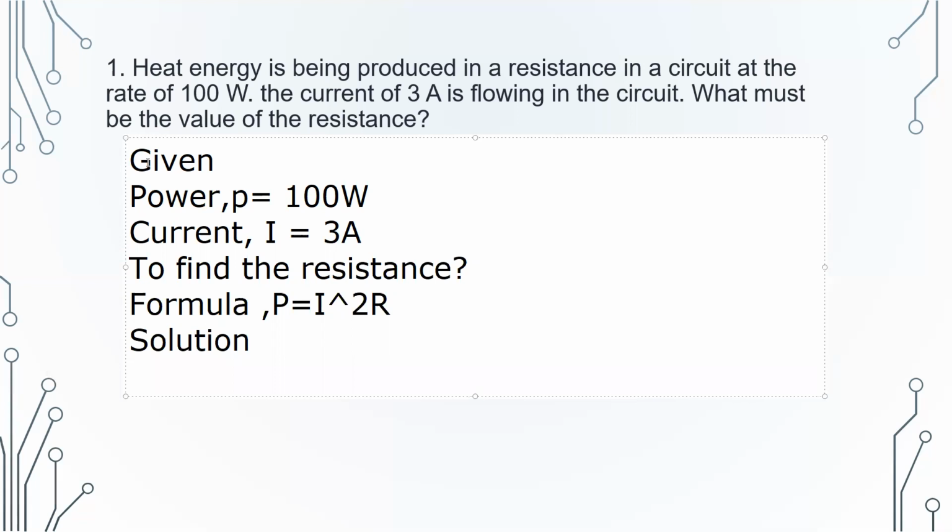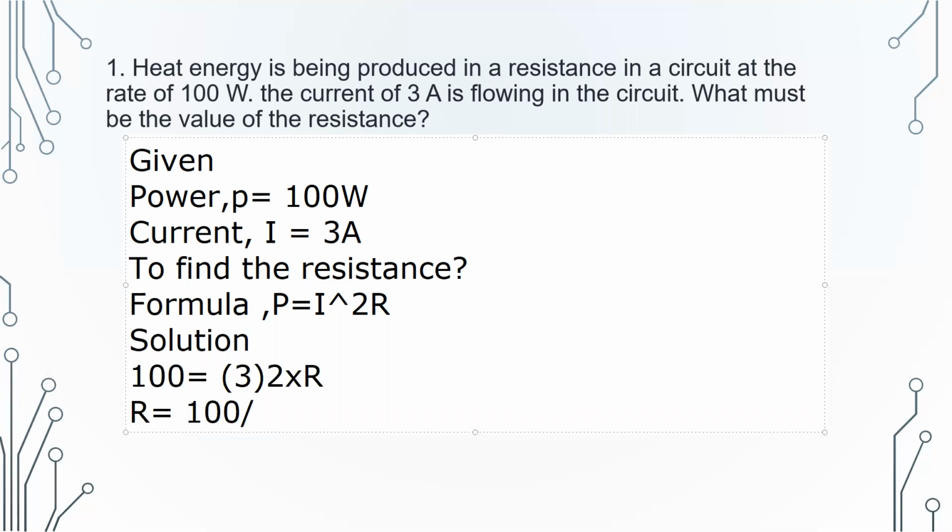In the above equation, we are going to substitute the values. Power P is 100 watt. That is 100 is equal to I square, I is 3, so 3 square into R. Therefore, R is equal to 100 divided by 3 square, which is 9. 100 divided by 9 is 11.11.